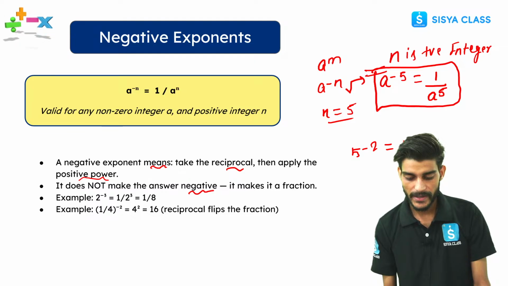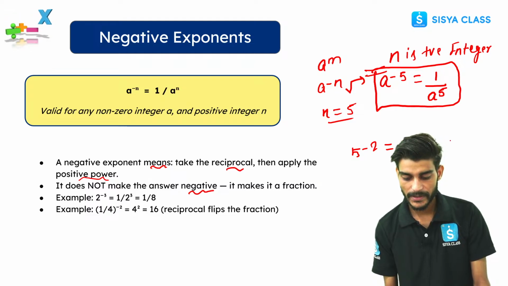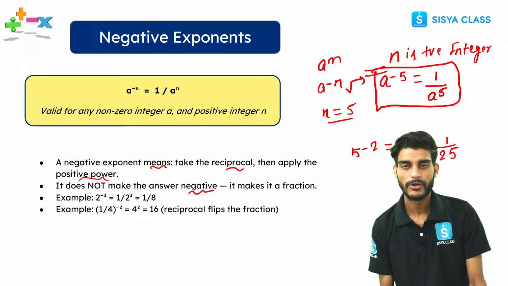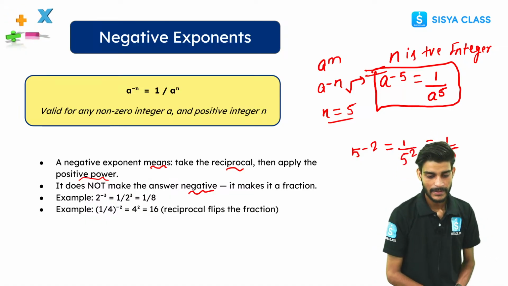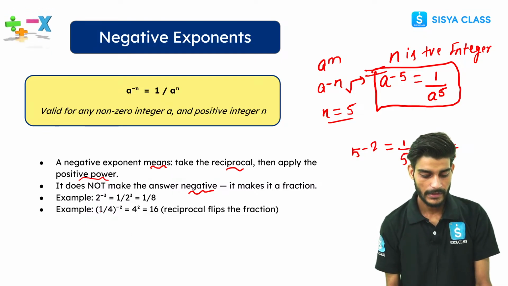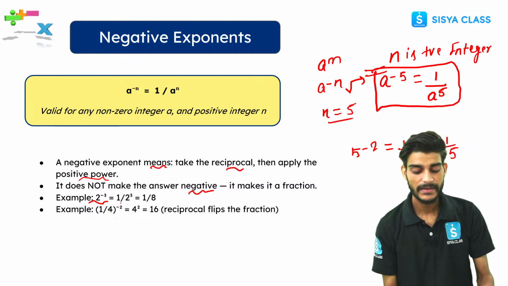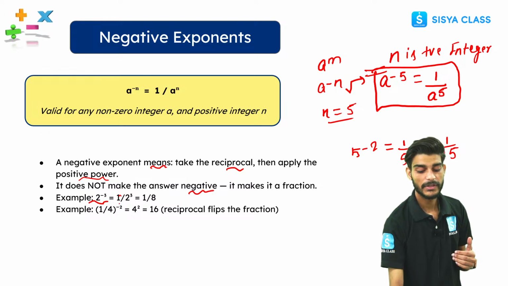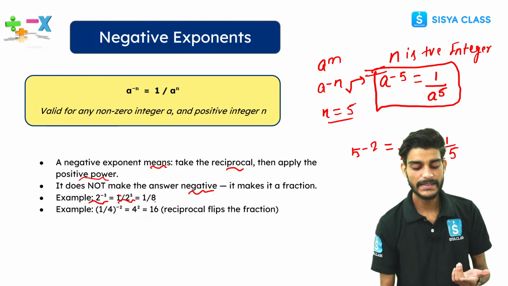So 1 upon 5, 1 divided by 5 raised to the power 2. That is basically 1 upon 25. Clear? So 2 raised to the power minus 3, in the same way, 1 upon 2 raised to the power 3. So 2 raised to the power 3 means 8.